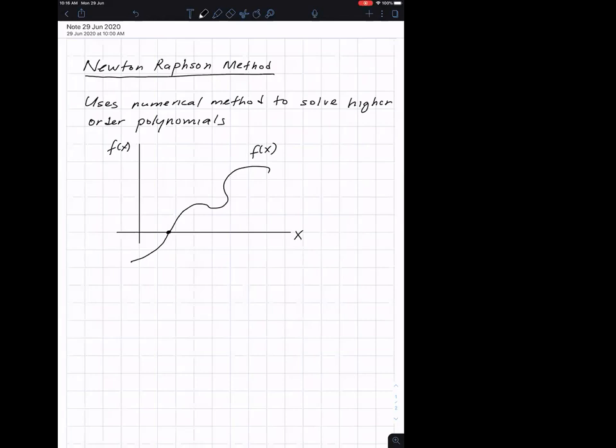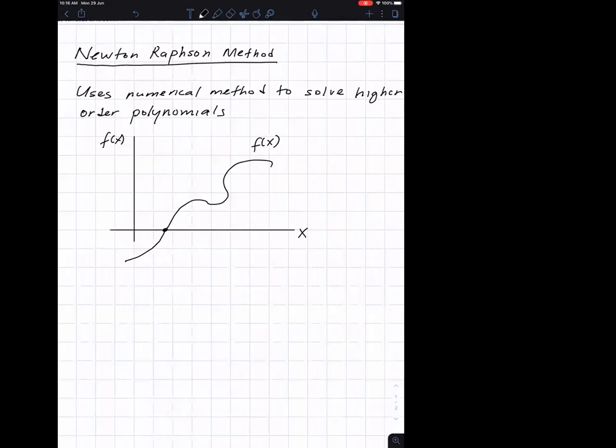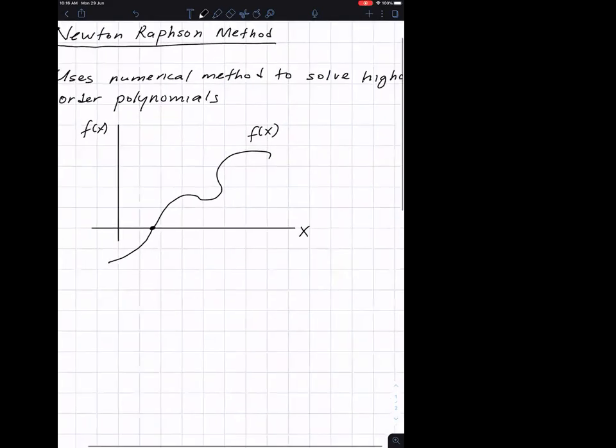The place that it crosses the x-axis is called the root, the x value. So this is the x value, the actual root. You can approximate the actual root.